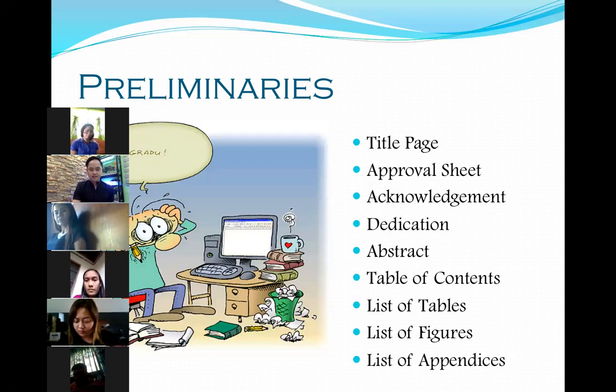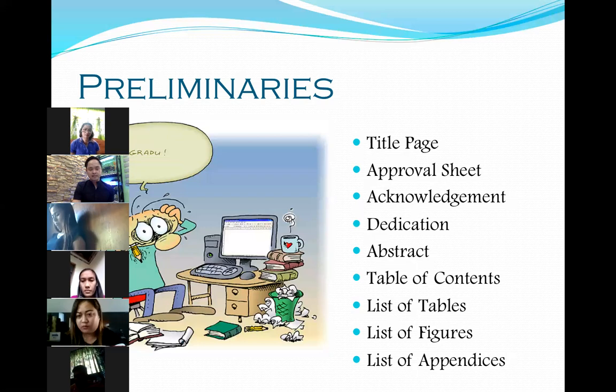Why? Because that is the time that you are proposing the paper, meaning to say, hindi mo pa nagagawa yung paper and you are proposing that the paper be approved, to be conducted. To be conducted, meaning the tenses should be future tense, mga will be, no?